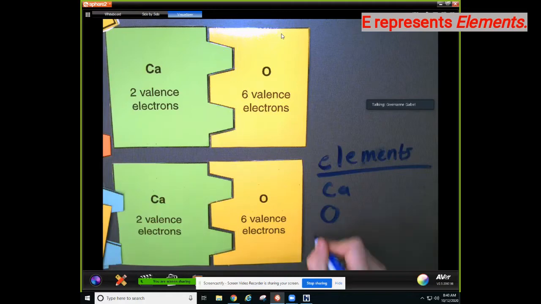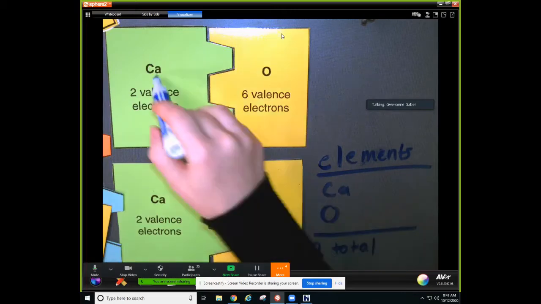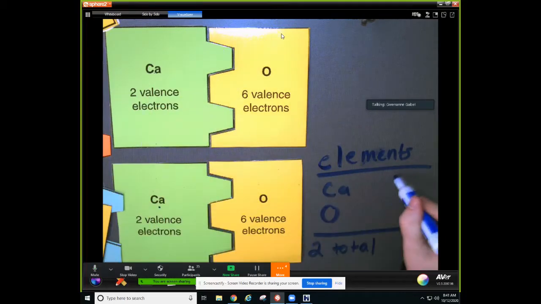So that's 2 total. Okay? Now how many calciums do I have? I have 1, 2. So there's 2 calciums.